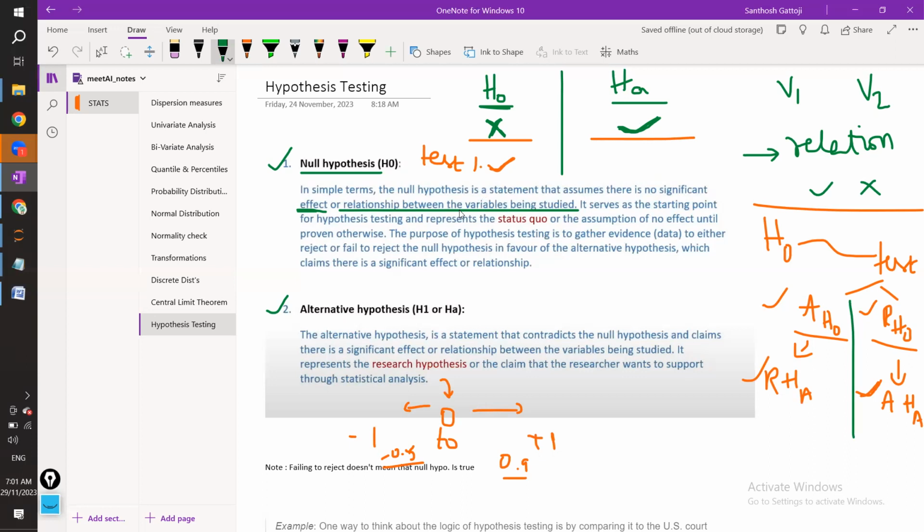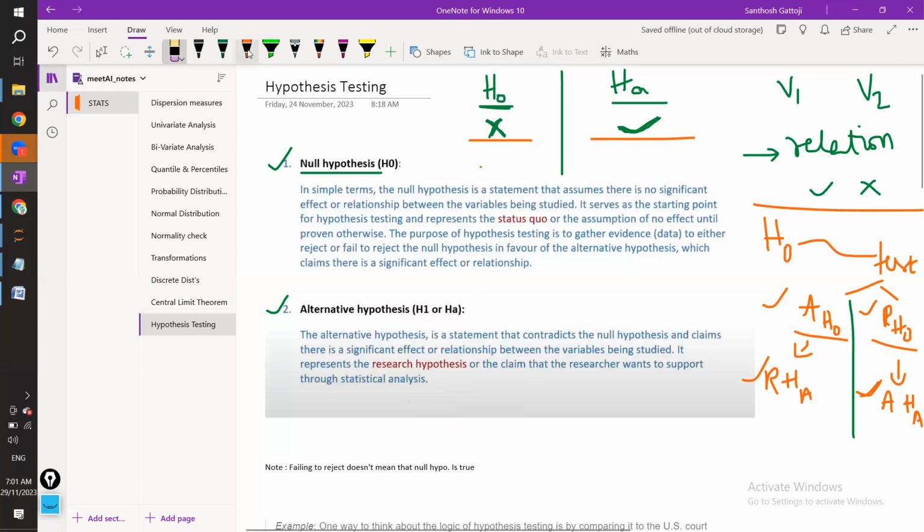Okay, fine, let's try to go a little deeper. In simple terms, the null hypothesis will always state that there is no significant effect or relationship. It serves as a starting point for the hypothesis and represents the status quo, or the assumption of no effect until proven otherwise.